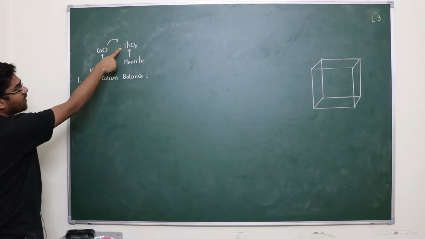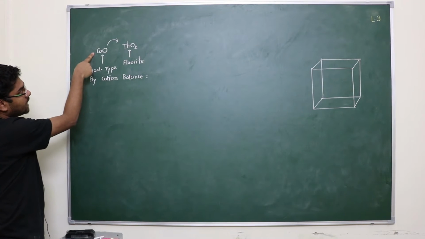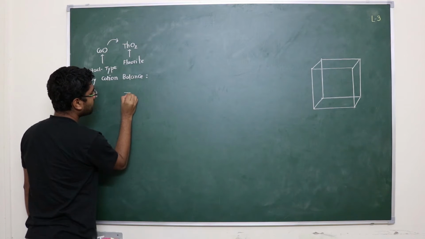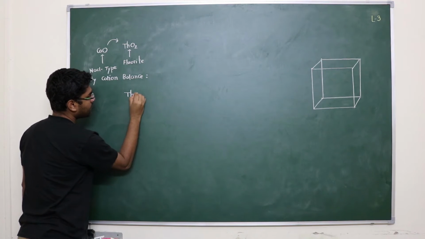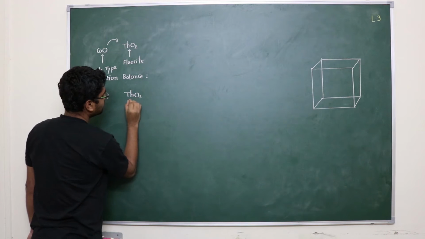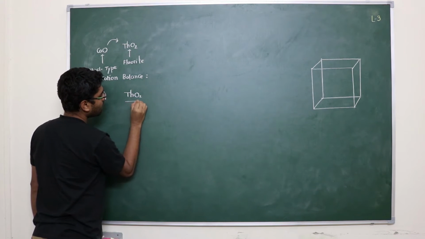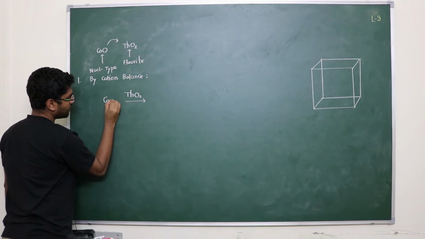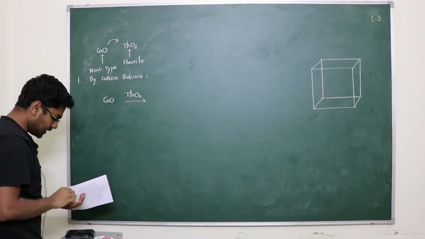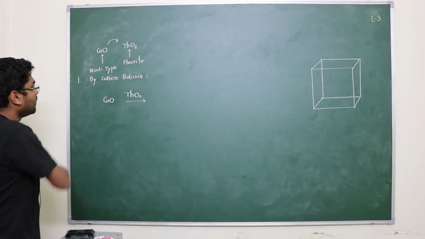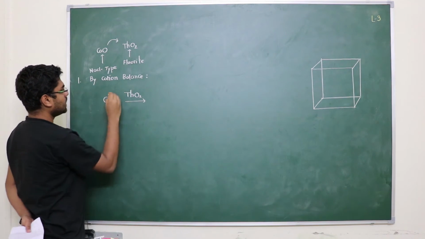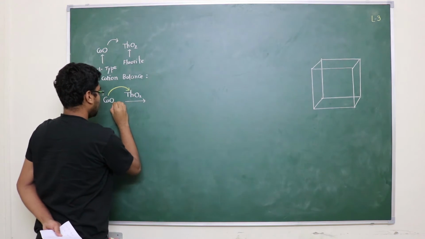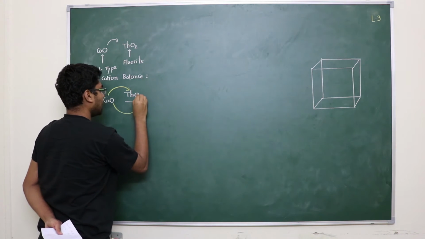Here the number of cation is 1, and here is also number of cation is 1. ThO2, here is CaO. So by the assumption of Kroger-Vink notation, cation will go to cation side and anion will go to anion side.